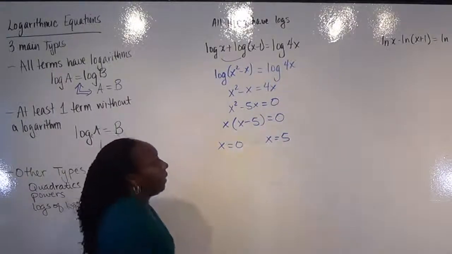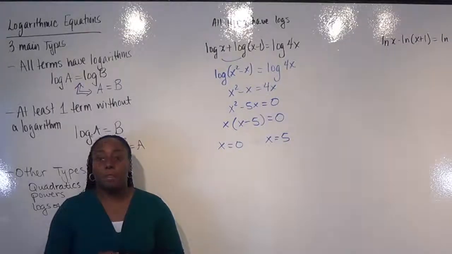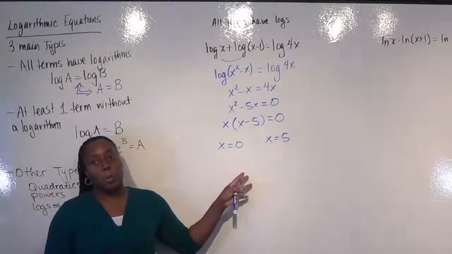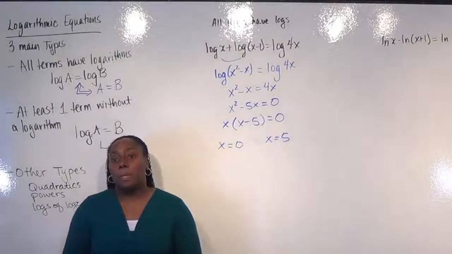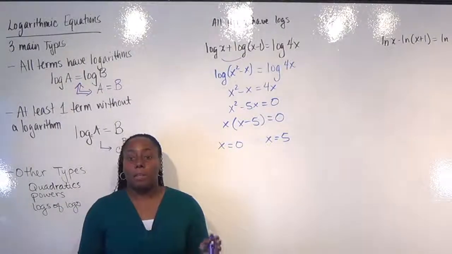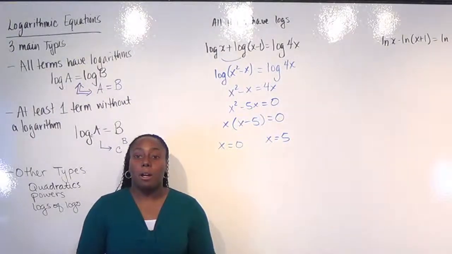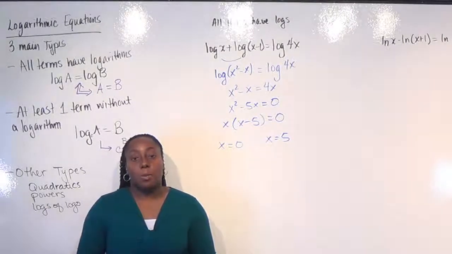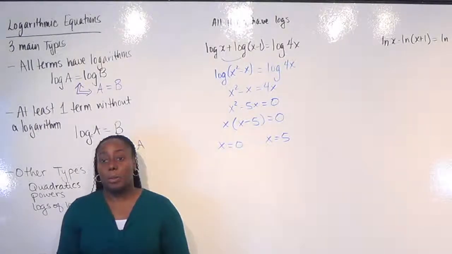Now, with your logarithms, unlike your exponentials, I am not done at this point. Exponentials, the nice thing about them is that your domain for an exponential is all real numbers. For a logarithm, our domain is restricted. So our x's have to be greater than 0.